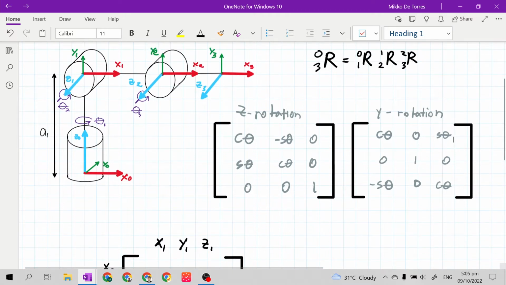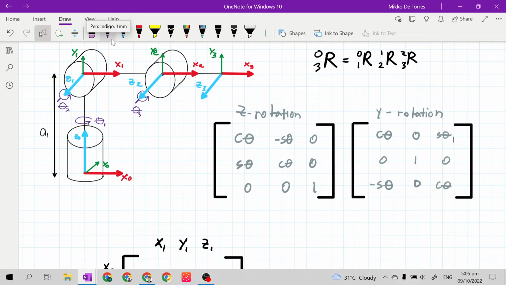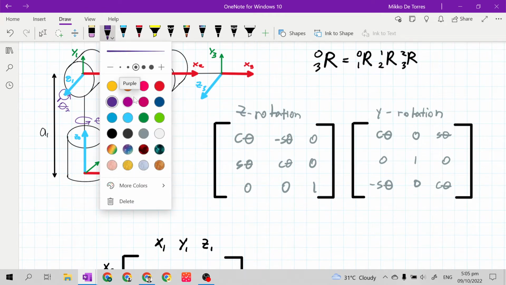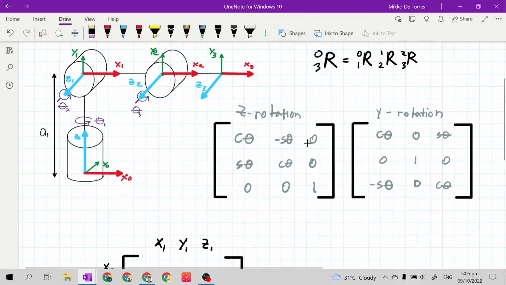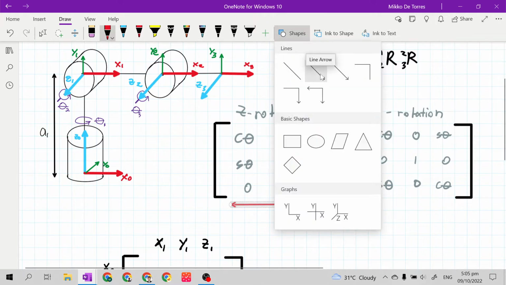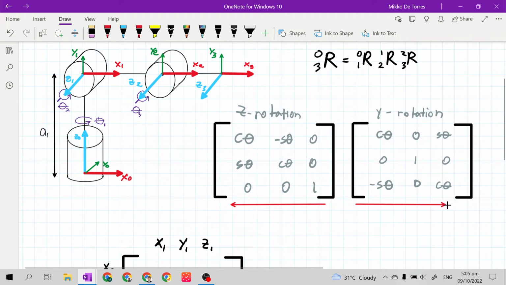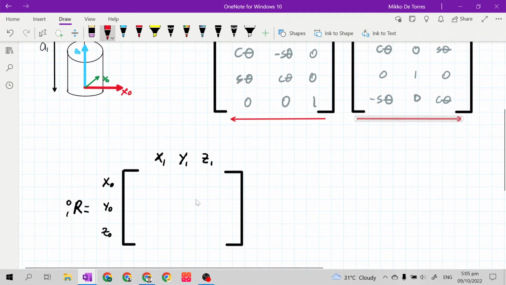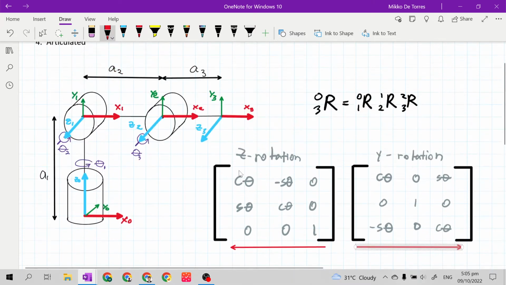If we choose the z rotation, it should be multiplied at the left side of the stationary matrix. Then if we choose the y rotation, it should be multiplied at the right side of the stationary matrix. So why do we need that rule?